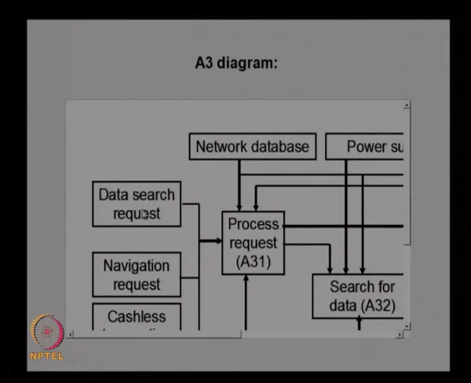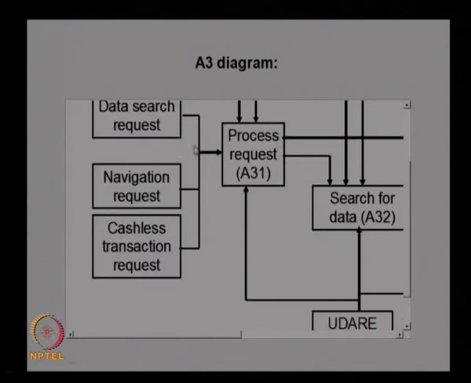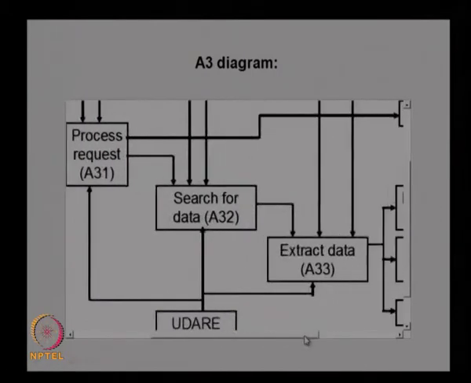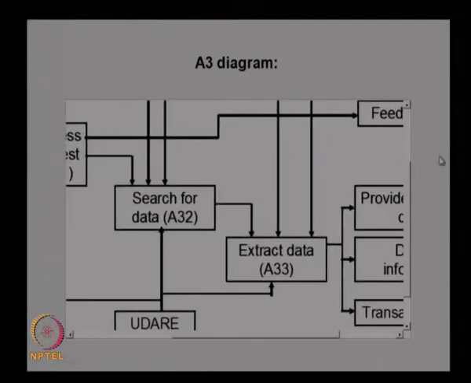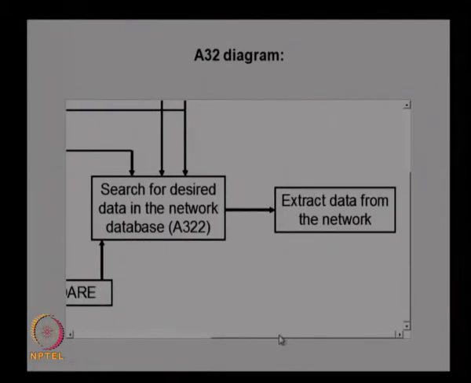Similarly, you have the data search request, cashless transaction request and other requests coming from the customer. These functions process this data and give outputs. This is the way we go ahead with the IDEF0 decomposition of functions.